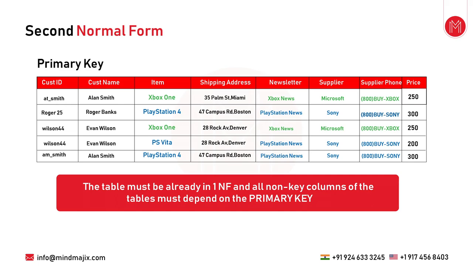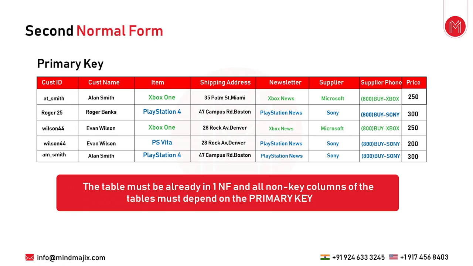Now what is a non-key column? For example, if you take the price column over here. What the second normal form says is that the non-key columns of the table, apart from the customer ID, the rest of the table is non-key columns, and should be dependent on the primary key. Now for example, we cannot define the price on the basis of the customer name, right? The second normal form rule states that all the non-key columns of the table must be dependent on the primary key.